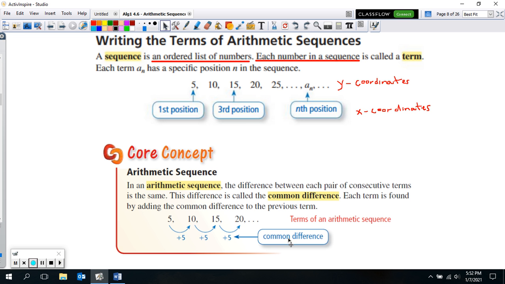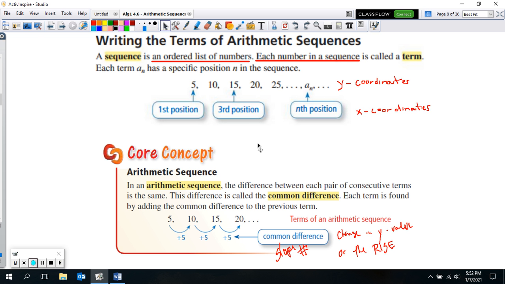And then down here when we're talking about the common difference, again, thinking about y equals mx plus b, and m being the slope. In a linear function, we have a slope of a line. Well, that common difference, in this case positive 5, that is our slope number. So our slope number of this sequence would be the 5, the positive 5. And that is because it's the change in the y value, or the rise.